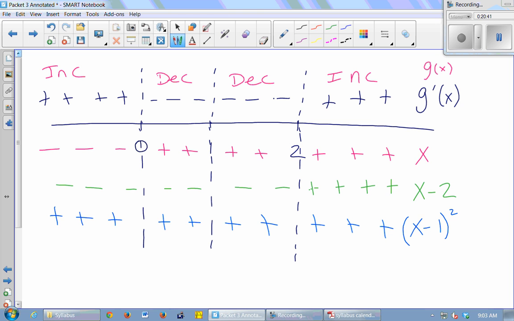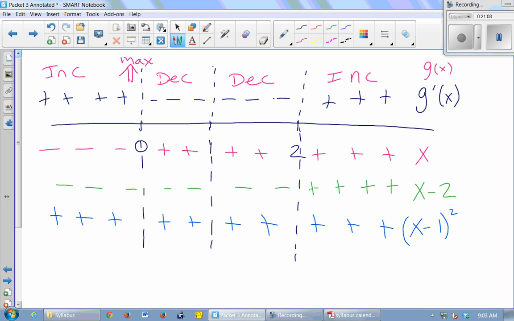All right, so when a function switches from increasing to decreasing, going up to going down, what is that critical point? A max. So right here, we have a max at x equals 0. Right? And then we go decreasing to decreasing, so x equals 1 is neither a max or a min.